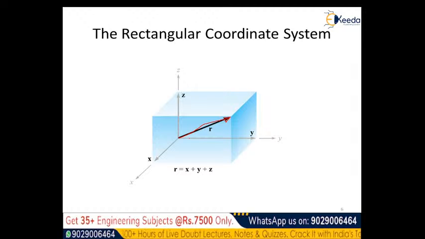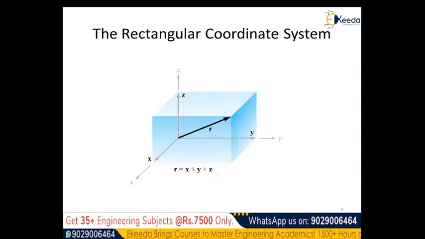Here is the starting point of the vector, and here is the ending point of the vector. Depending on how much magnitude a vector has, that much long a line segment is to be drawn. So while we represent it starting at the origin, this is the end point. From this point, if you drop a perpendicular onto the xy plane and onto the z-axis, we get the x, y and z components.